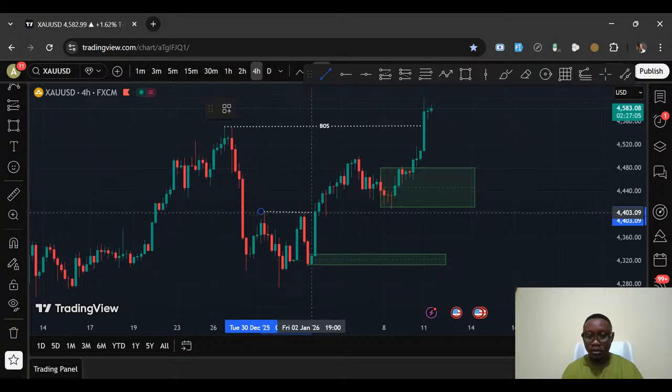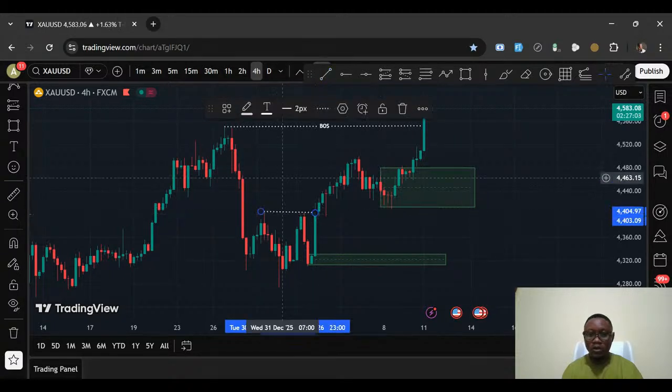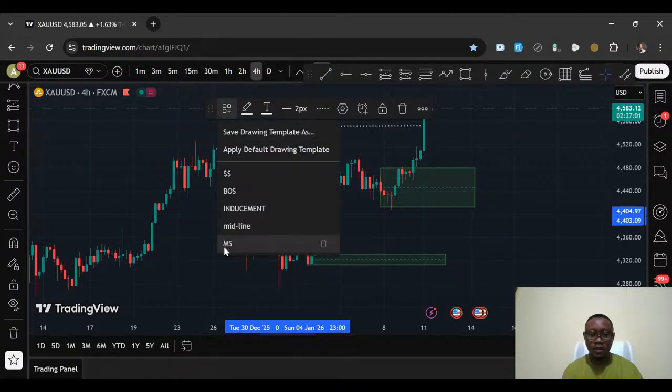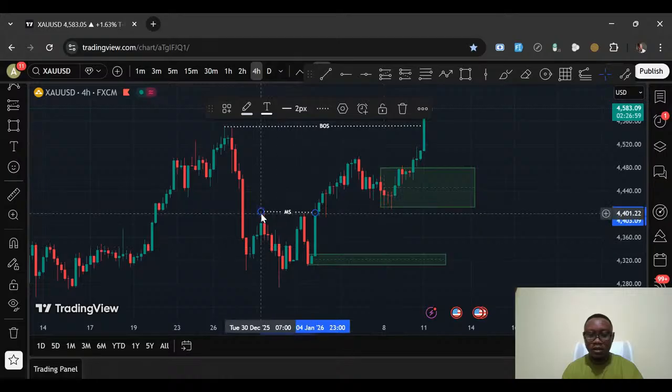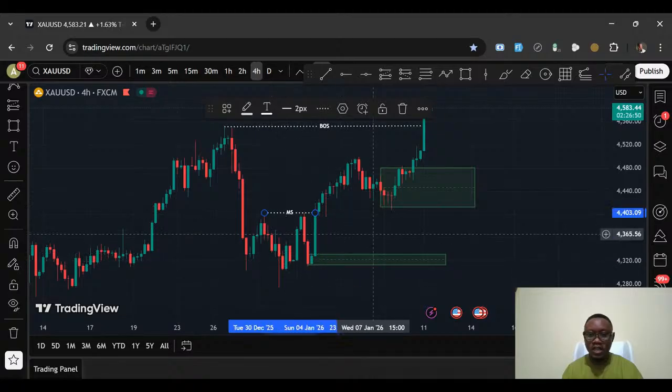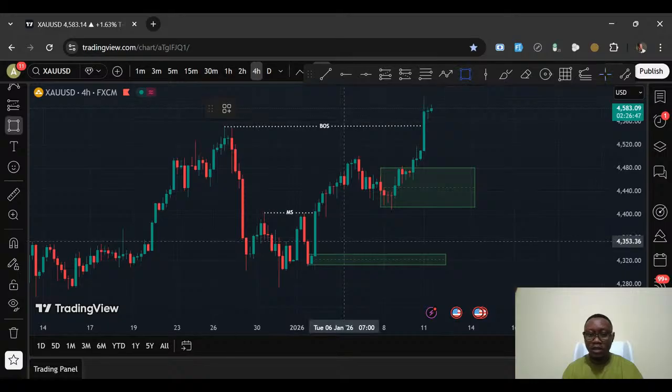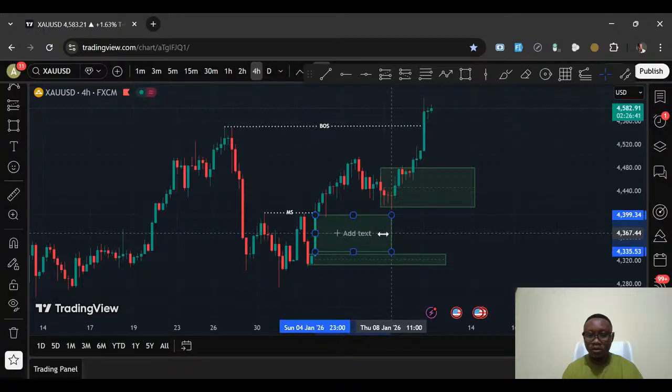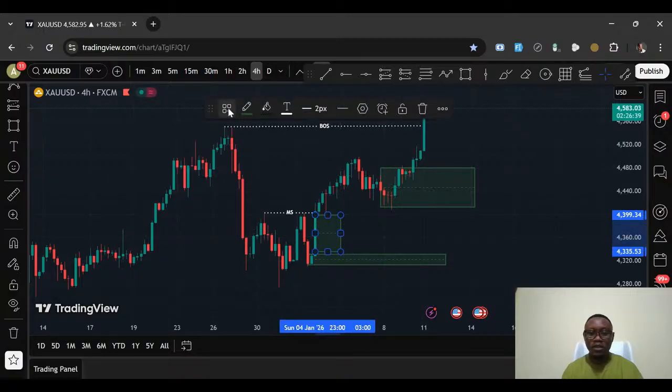So there's a market shift, MS, at this point. Then this is the origin, or the order block zone, that leads to this. And of course, we have our fair value gap here, which is this. Mark your fair value gap, FVG.